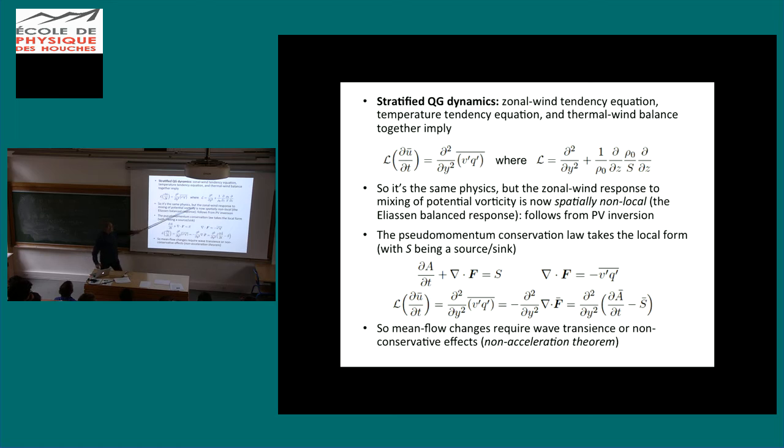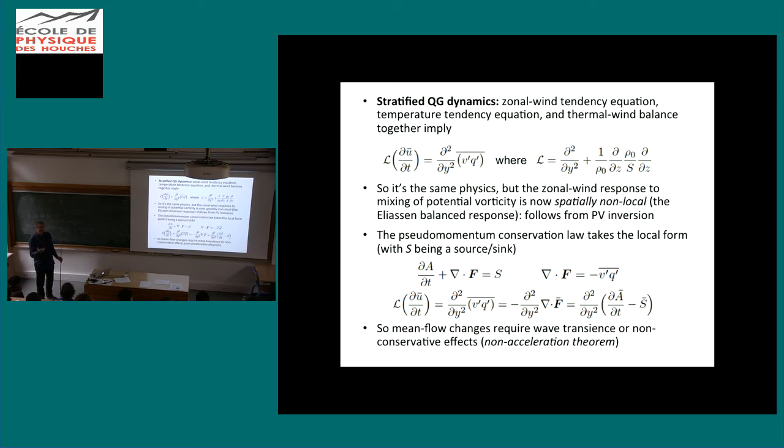So we have a vertical part and a meridional part, and then d squared by dy squared here. If this wasn't there, I could just get rid of the d squared by dy squared and get back to the same equation. But in the baroclinic case, we actually have this elliptic operator on the U. So it's the same physics, but the zonal wind response is not just a local one, it's non-local.